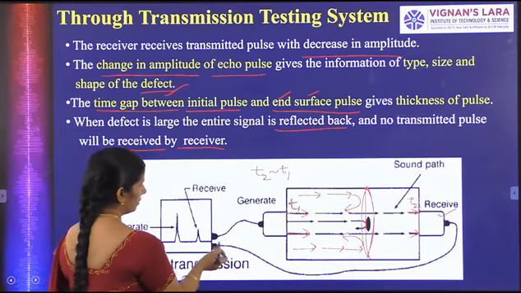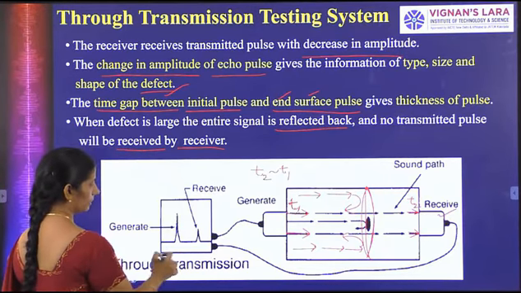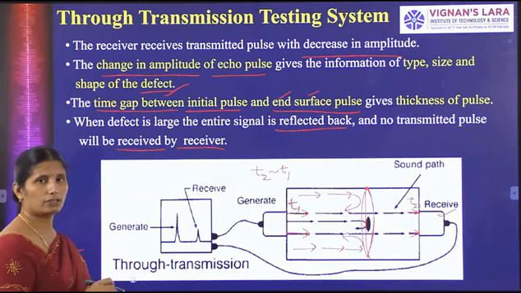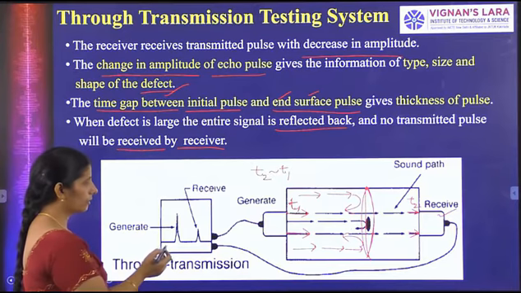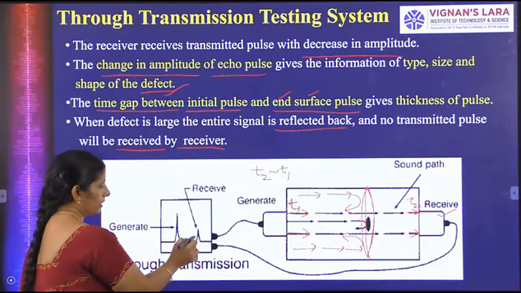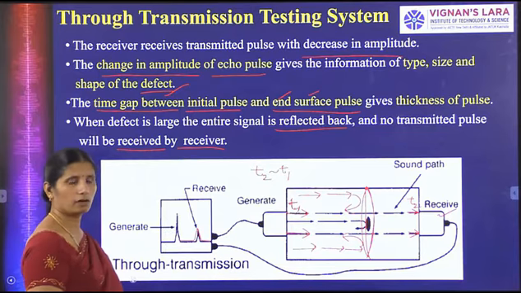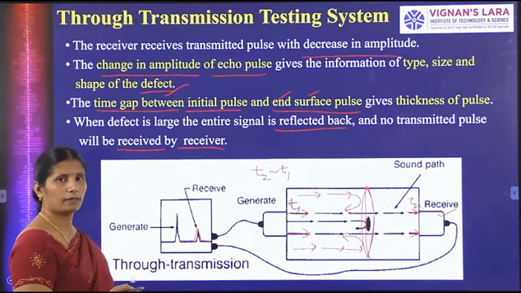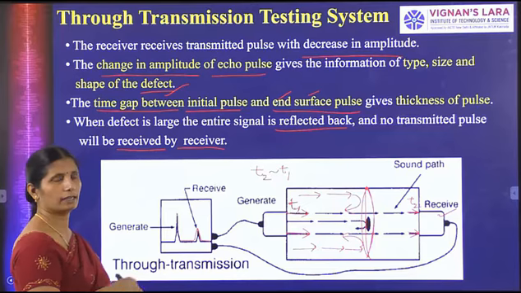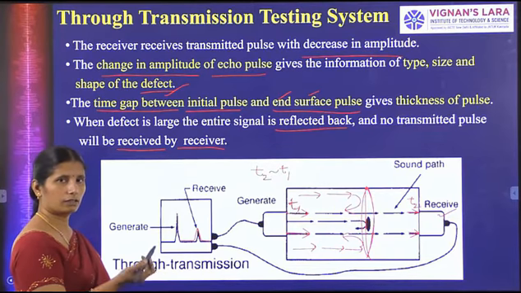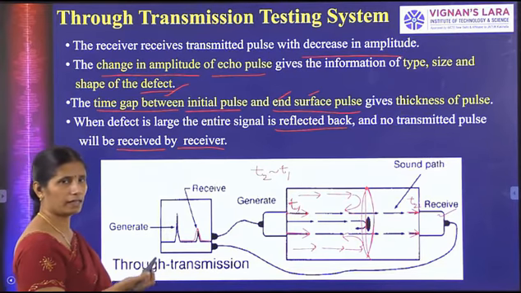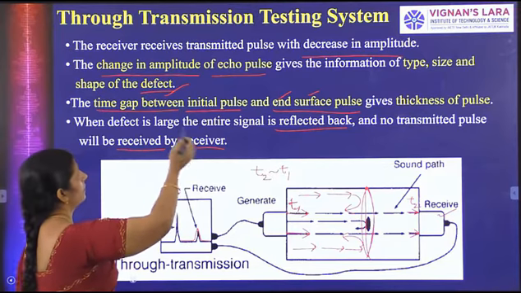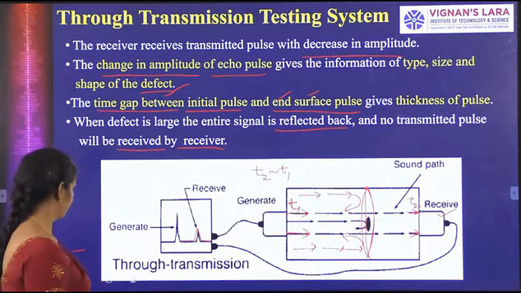So by receiving these signals on the CRO, by measuring the change in amplitude of the received pulse, or by measuring the time interval between the initial pulse and the final pulse, or between the initial pulse and the echo pulse, we can determine the thickness of the material as well as the type, size and shape of the defect.